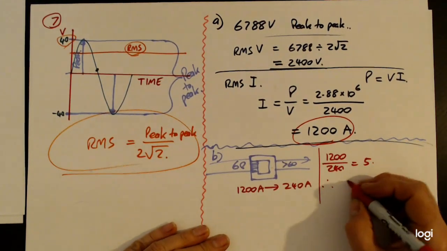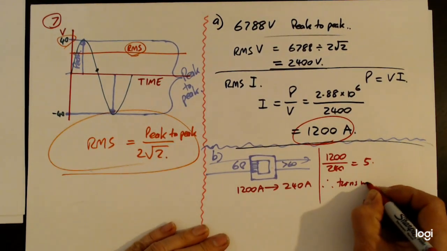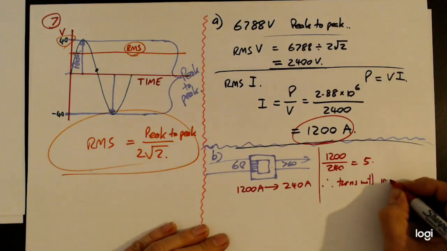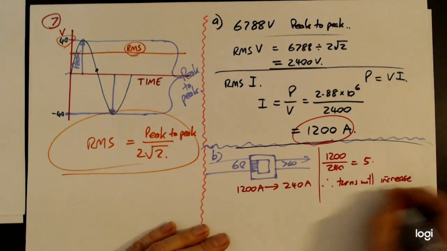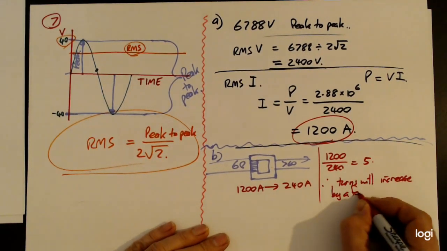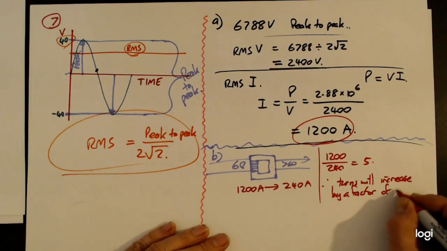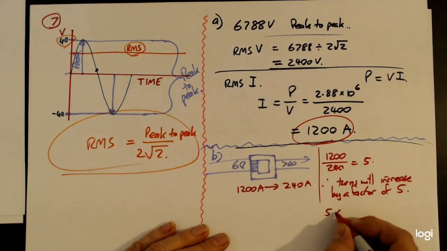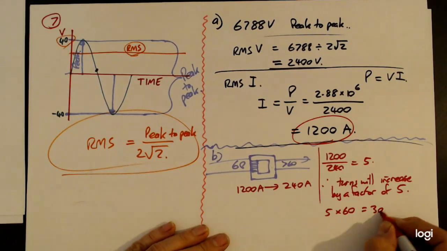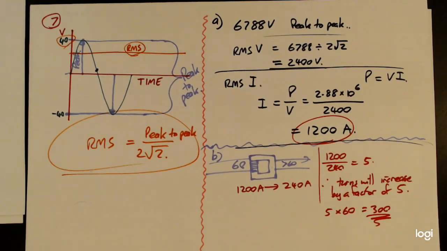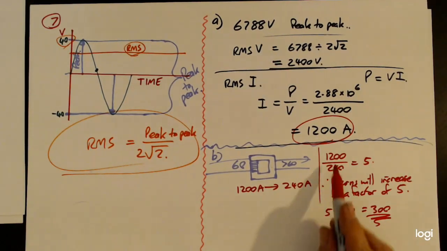Therefore, the turns will increase by a factor of 5. 5 times 60 is 300. Answer is 300 turns. That's how I would choose to answer it.